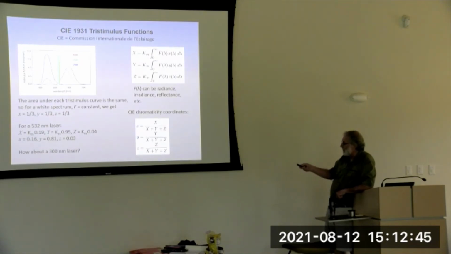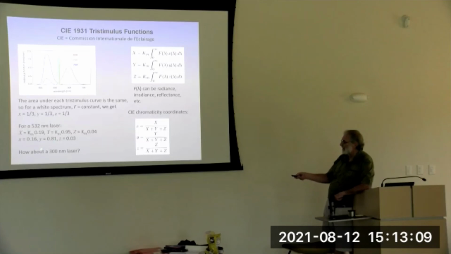I'm getting a lot more at green, and I'm getting almost nothing from the blue contribution. I compute those numbers here, and then I end up with little x, little y, little z values. And so my XY color coordinates for this 532 nanometer laser will be 0.16 and 0.81.